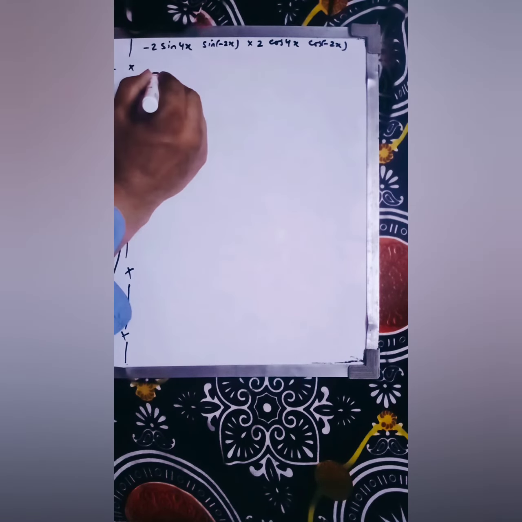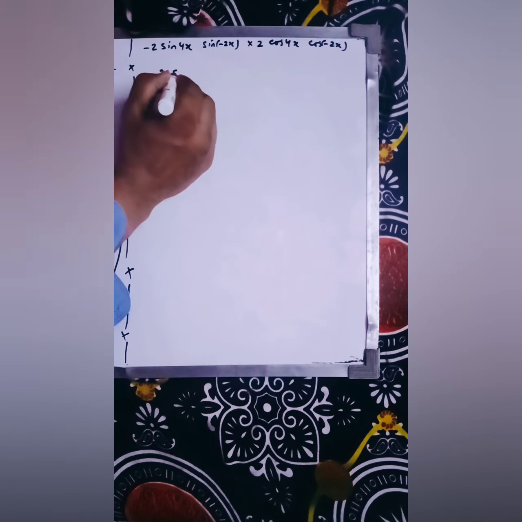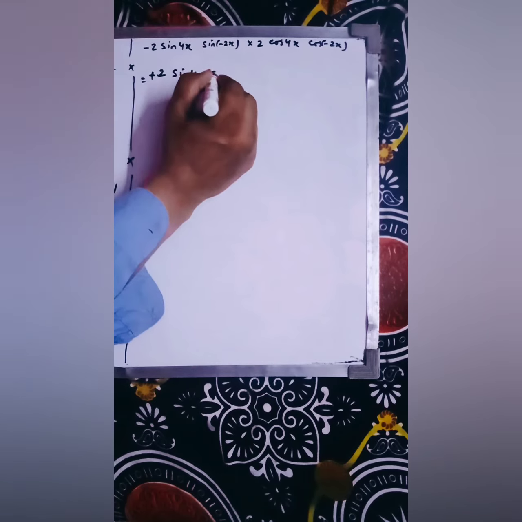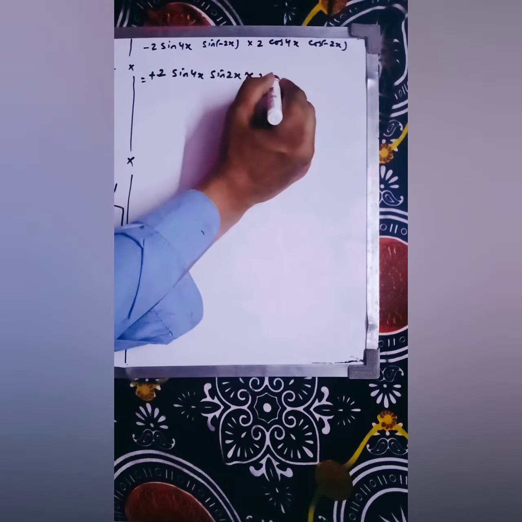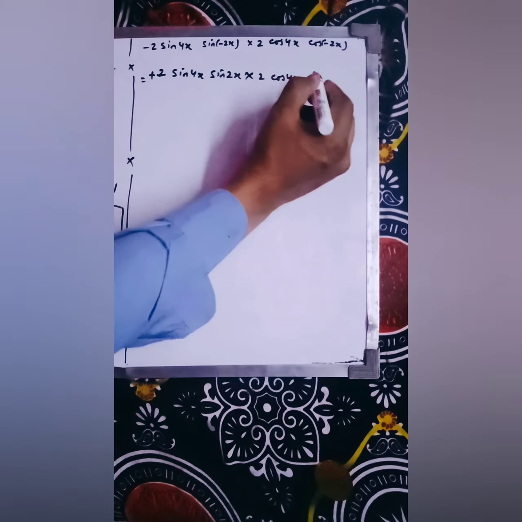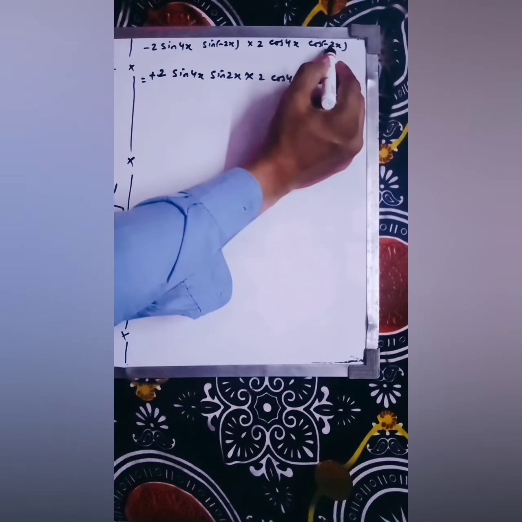Now after this step, keep the minus here. This would be 2 sine 4x, and this minus will come here and make it positive, so this would be sine 2x into 2 cos 4x. As you know, if there is a minus sign in the angle of cos, it is positive, so you can write it cos 2x.